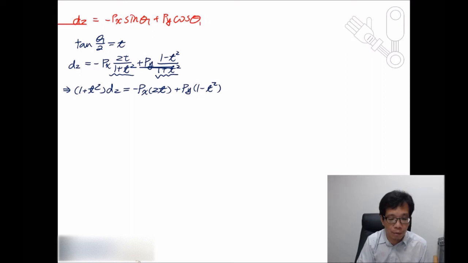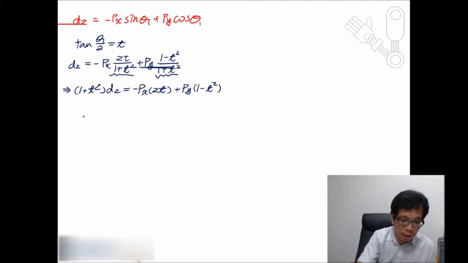If I have variable t, can I put all the numbers together to synthesize a quadratic equation? I have t squared, and the coefficient is going to be d2 plus py. For the first order term, I'll have px times 2t.